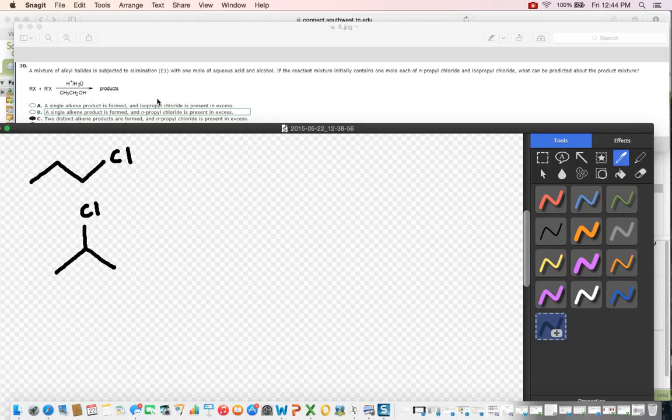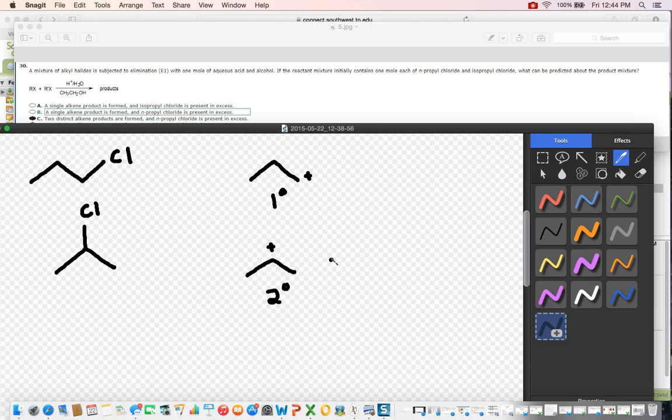Now, it tells us in the problem that these are going to be subjected to an E1 elimination, which means I will have, and this is the real issue in this question, it's one of carbocation stability. So the E1 mechanism dictates that we have a carbocation intermediate. So we will preferentially form the secondary carbocation over the primary carbocation because of hyperconjugation.